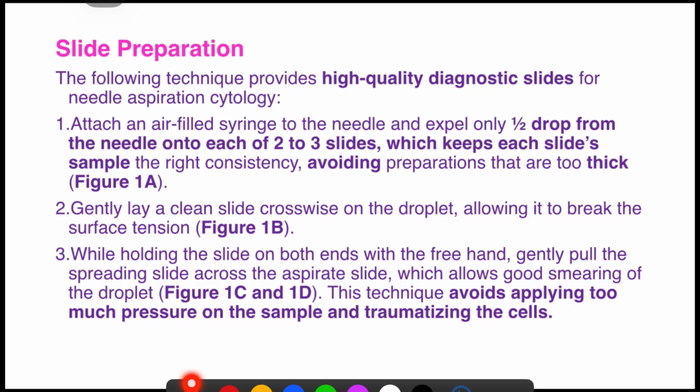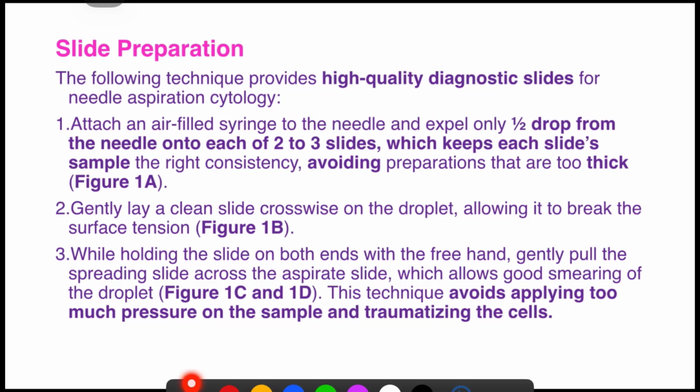Once we get material, we have to follow some technique for high quality diagnostic slide preparation. Attach an air-filled syringe to the needle and expel only half a drop from the needle onto each of 2 to 3 slides, which keeps each slide sample the right consistency, avoiding preparations that are too thick.